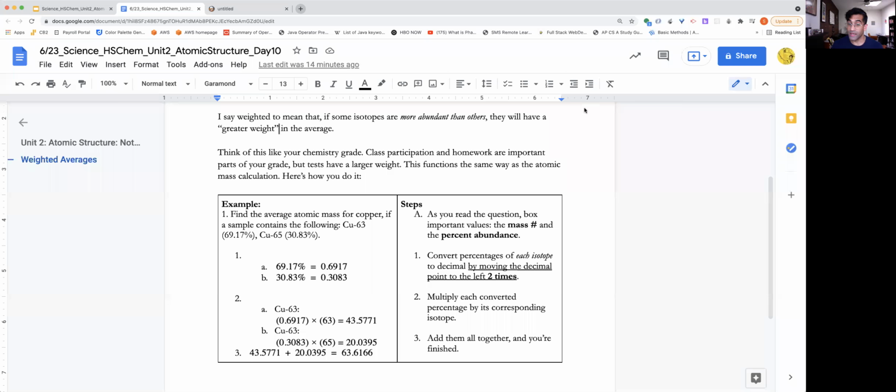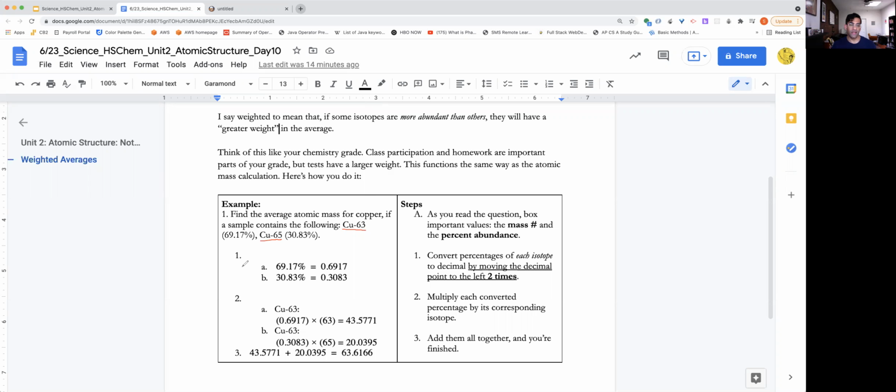All I'm trying to illustrate is the same thing goes when we have atomic mass or when we want to calculate it. So let's say that we have a sample of copper, and we have two different isotopes of copper in that sample. We've got copper 63, which is represented by this Cu-63, and then we have copper 65, represented by that symbol Cu-65, all right?